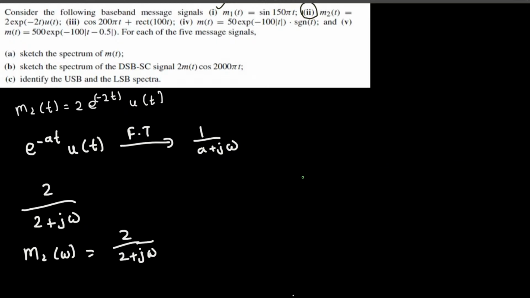Okay, now we have this. Now we have to sketch the diagram, so in order to do that, I'm going to write it in a better way. That is M2(omega) equal to 2 over, instead of 2 plus j omega, the square root of (2 squared plus omega squared).